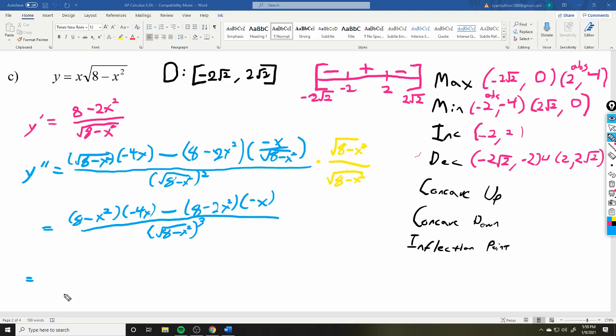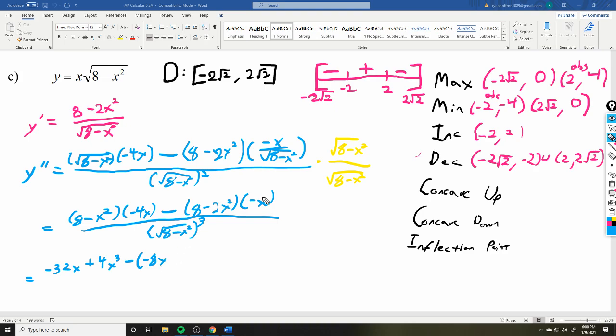And so let's get some distributing and simplifying happening over here. I've got 8 times a negative 4x, that's going to be a negative 32x. And then a negative x squared times a negative 4x is going to be positive 4x cubed. Minus, I've got an 8 times negative x, which is a negative 8x.